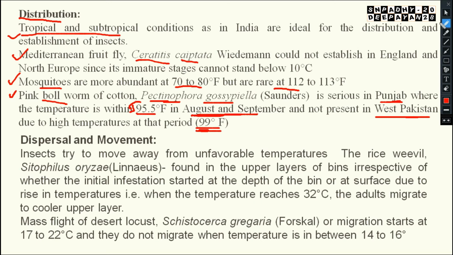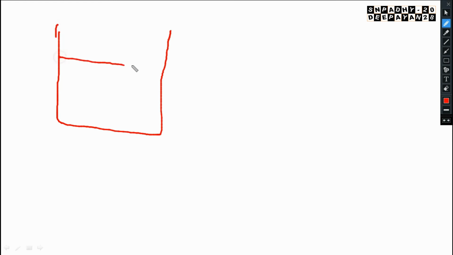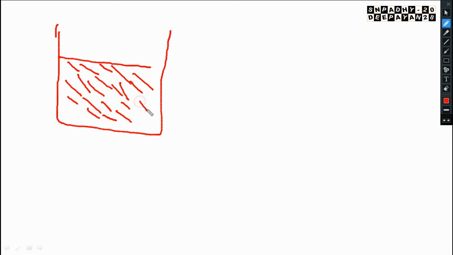So now we'll take an example here. You see the whiteboard for your easy understanding. Suppose this is a storage structure, suppose storage bins you are using. In this storage structure you have kept some grains, like some rice grain. To this stored grain of rice, one important store grain pest is there.